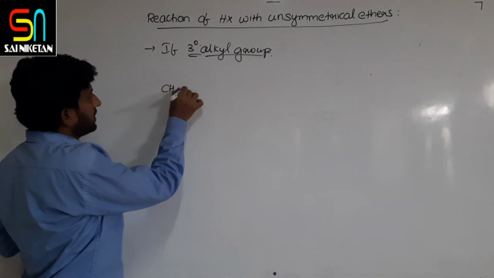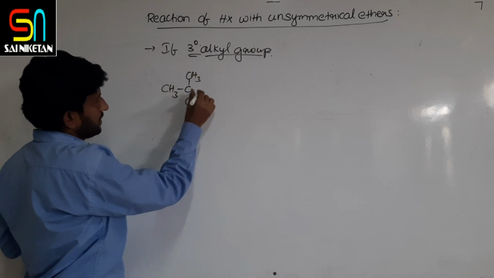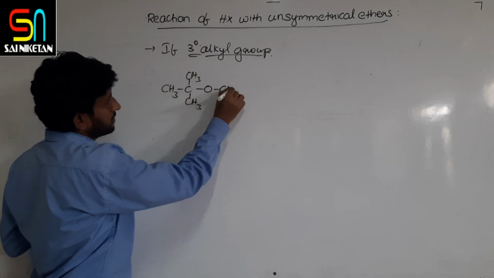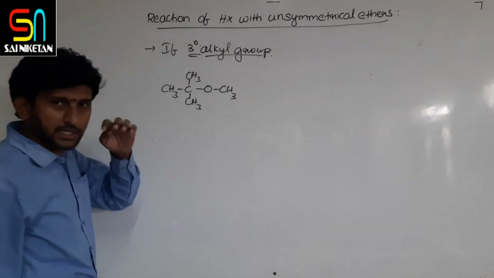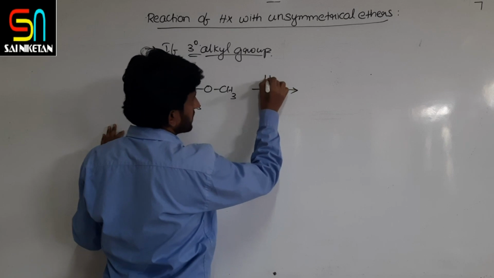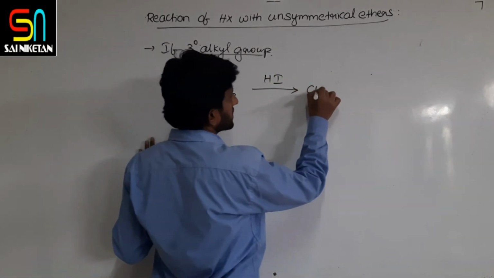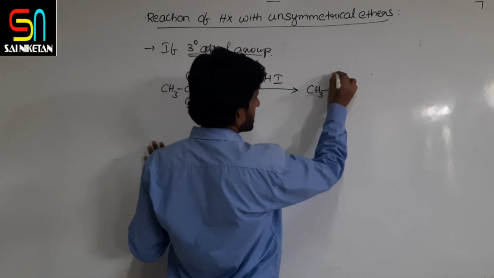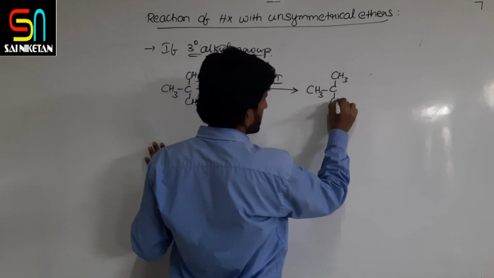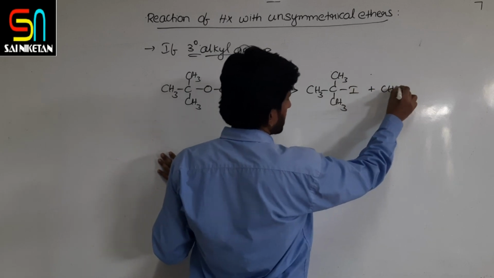Like (CH3)3C-O-CH3, let us assume this. If a tertiary alkyl group is present, then on reaction with HI, always tertiary iodides are formed as the major product.